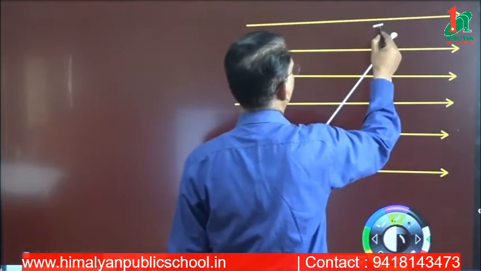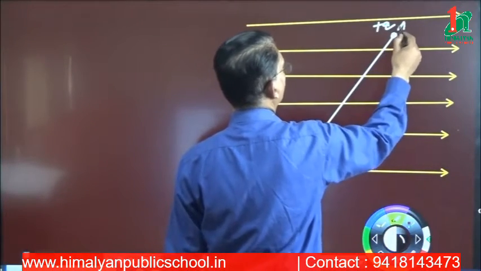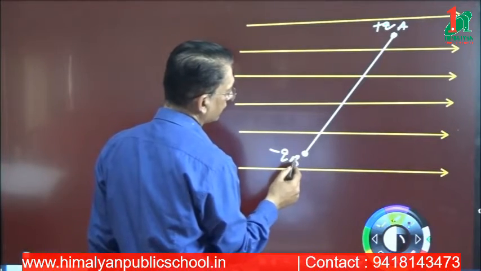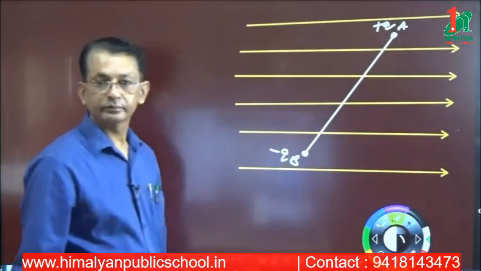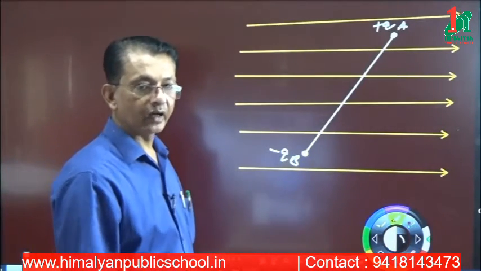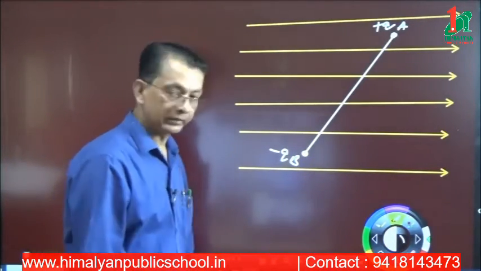Suppose this is charge plus Q at point A, and this is charge minus Q at point B.